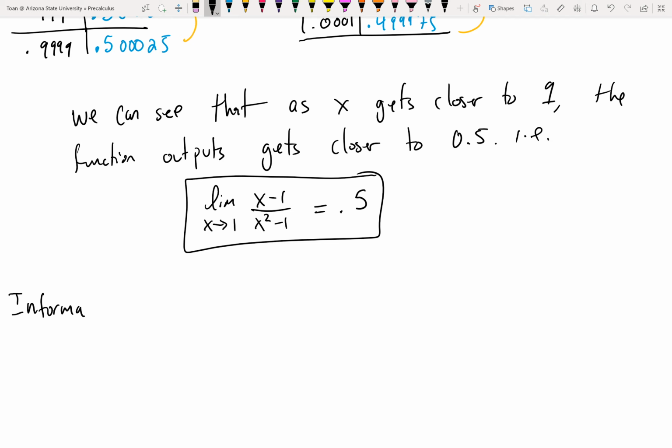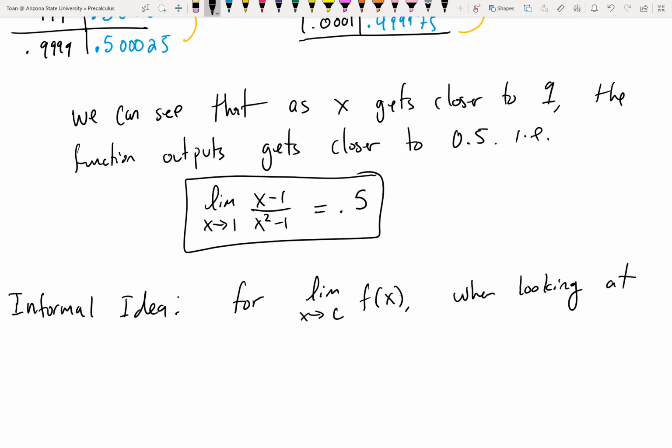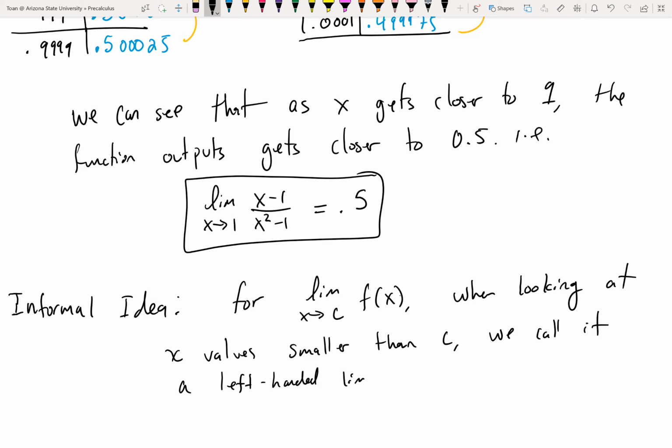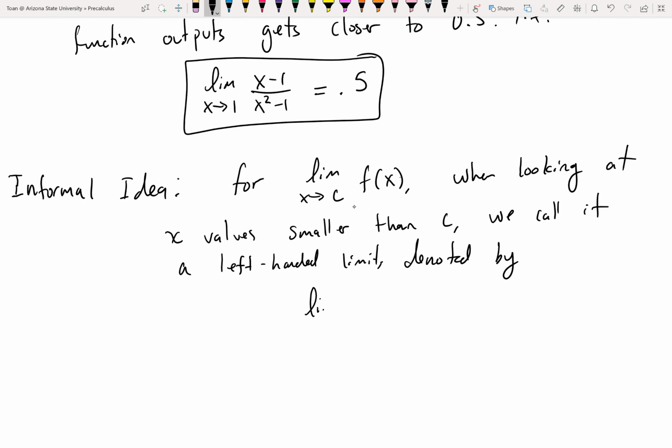But an informal idea: for the limit as x approaches some number c of some function, when looking at x values smaller than c, we call it a left-handed or left-sided limit, denoted by the limit as x approaches c with a little negative superscript.